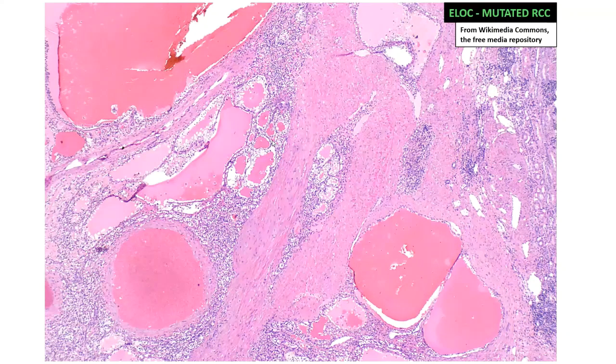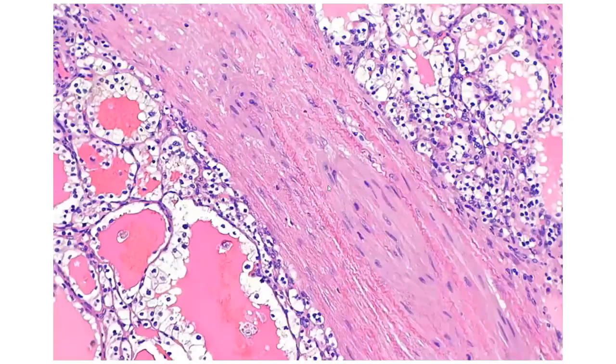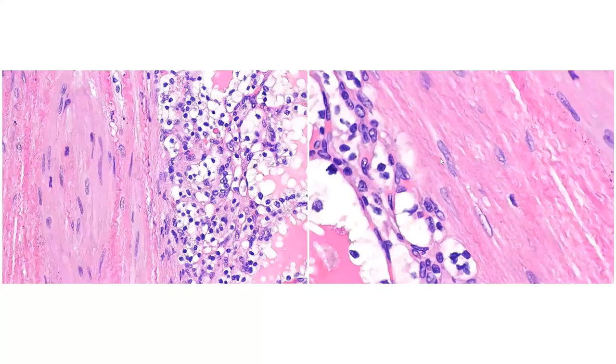And overall, otherwise, in the background, the tumor appears to be like a conventional clear cell RCC. The only thing that is separating this particular type of RCC is these prominent thick muscular bands. So you get these fibromuscular bands dissecting through this tumor, which otherwise has a clear cell RCC-like morphology.